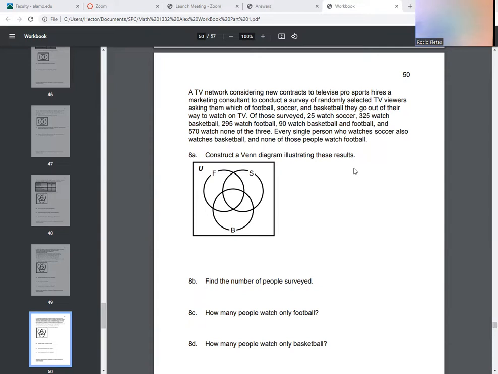Of those surveyed, 25 watch soccer, 325 watch basketball, and 295 watch football, 90 watch basketball and football, and 570 watch none of these. Every single person who watches soccer also watches basketball, and none of those people who watch football.